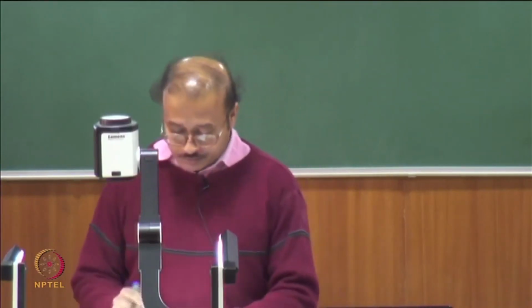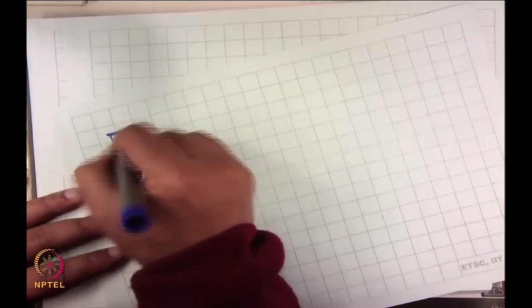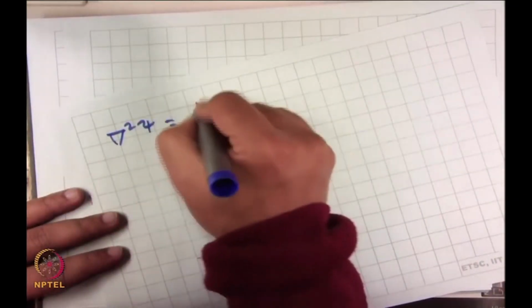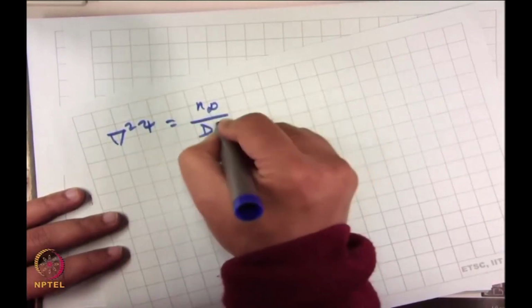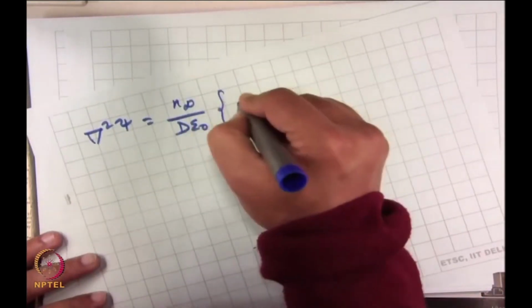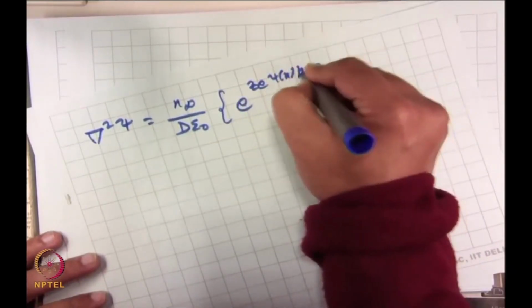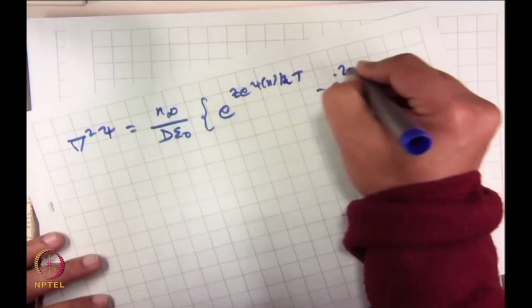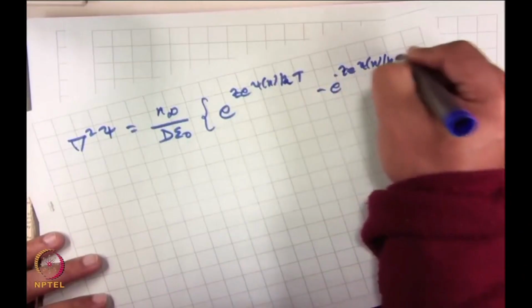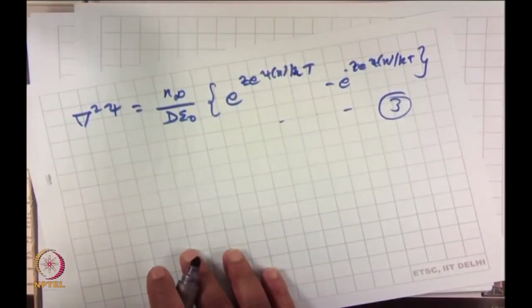Okay. So, I will do a small algebraic thing. So, what I will name this as equation 2, and what I will do is I will write this one as del square psi is equal to n infinity by d epsilon 0, okay, and I can write e to the power z e psi x over k T minus e to the power minus z e psi x over k T. So, this is equation 3, okay, but I am missing one thing.